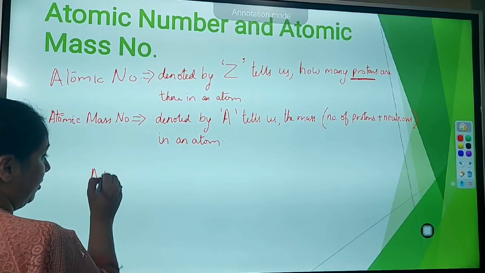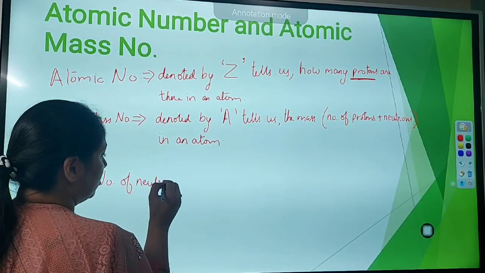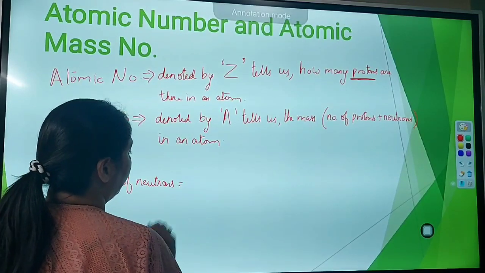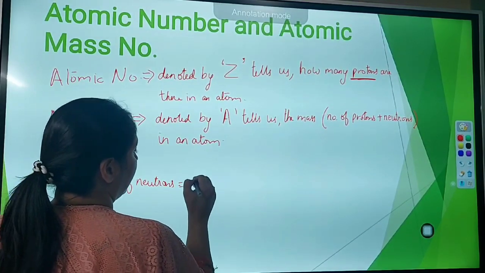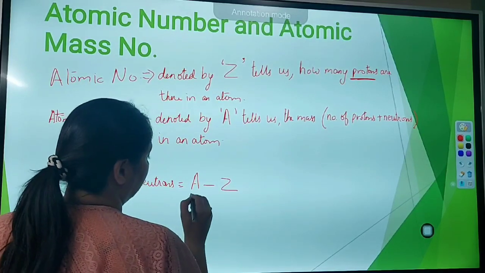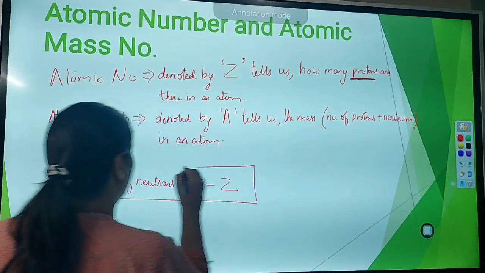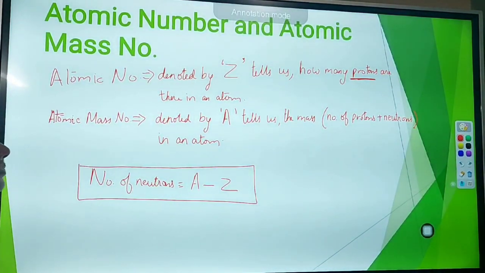So, the number of neutrons will be A minus Z. Yes, children? Okay.